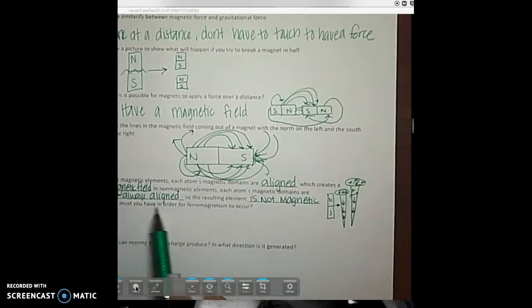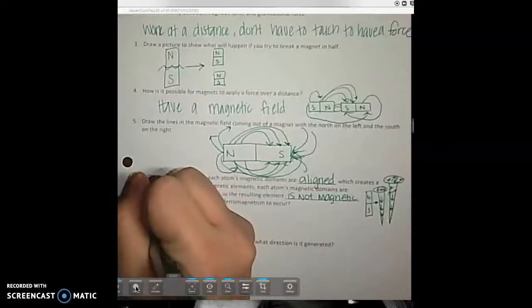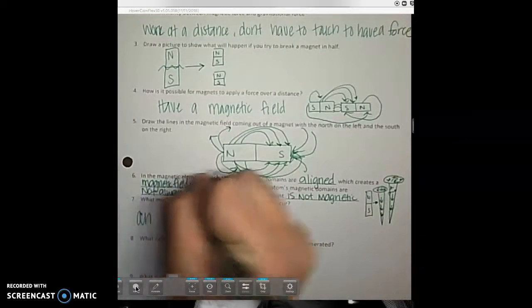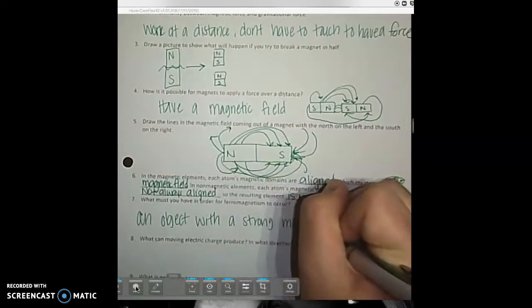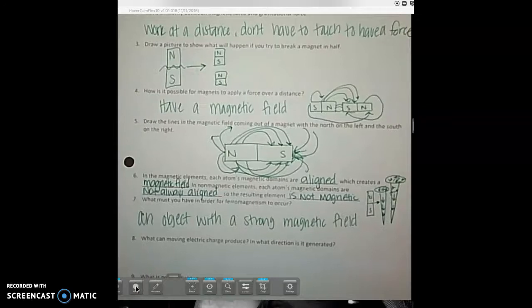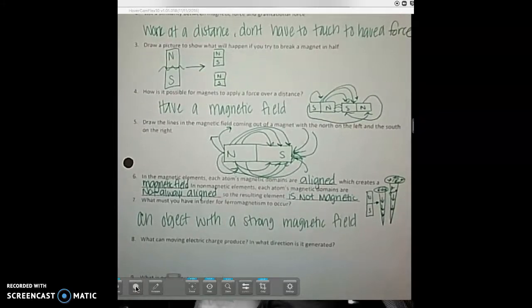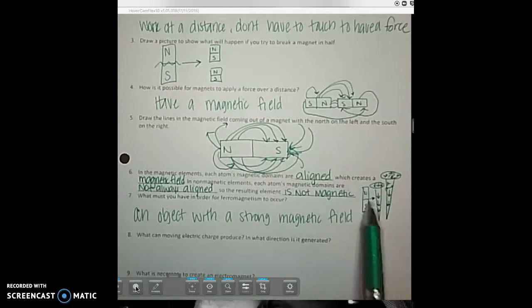Number 7 says, what must you have in order for ferromagnetism to occur? So you have to have an object with a really strong magnetic field already. If you don't remember what ferromagnetism is, you need to look back in your notes, because ferromagnetism, remember, is when you have a very strong magnet that lines up next to an object that has the potential to be a magnet, but it's not without the strong magnet next to it.